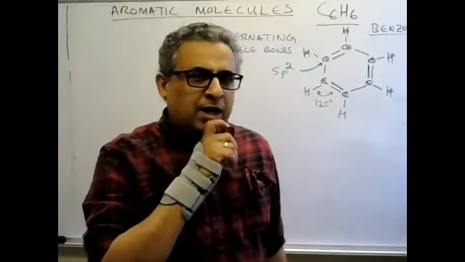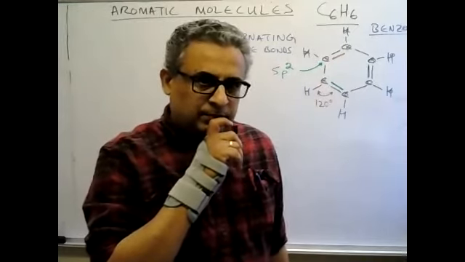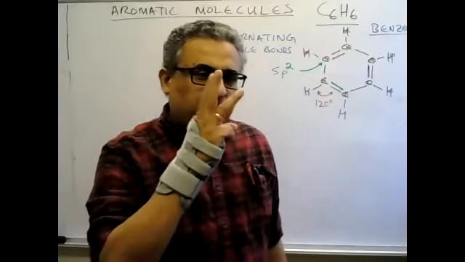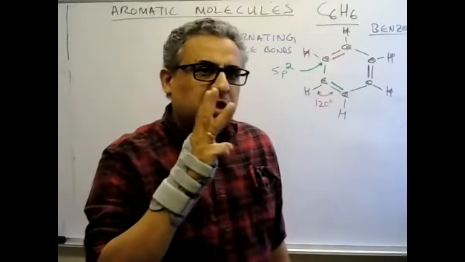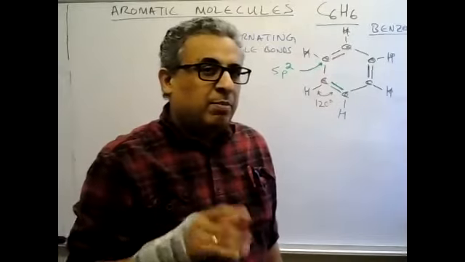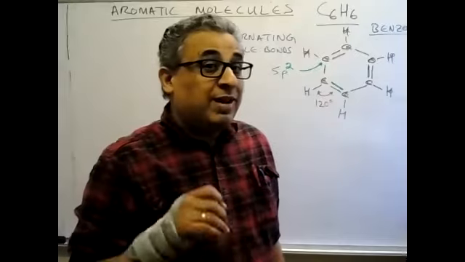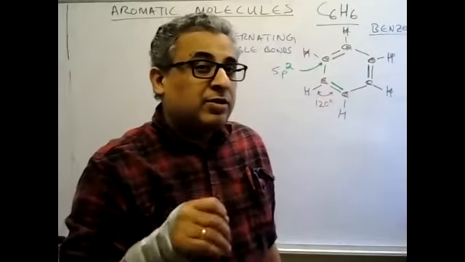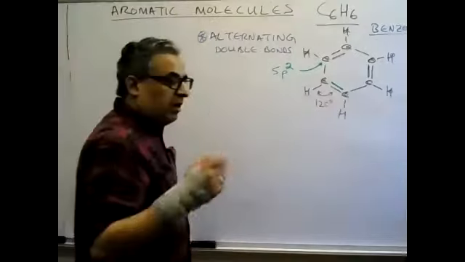How many pi bond electrons does benzene have? 3 pi bonds. How many total electrons? They're not in sigma bonds, they're in pi bonds. How many total pi electrons are present in benzene? Speak up.